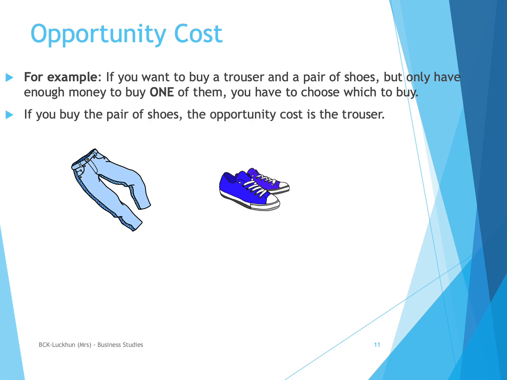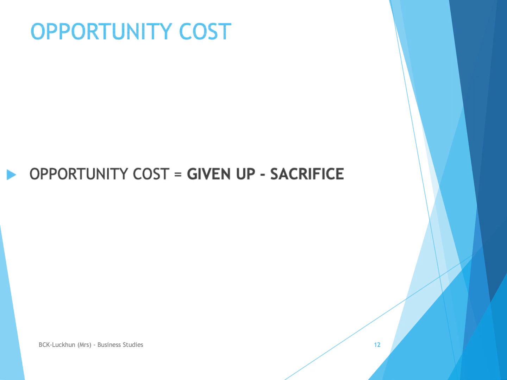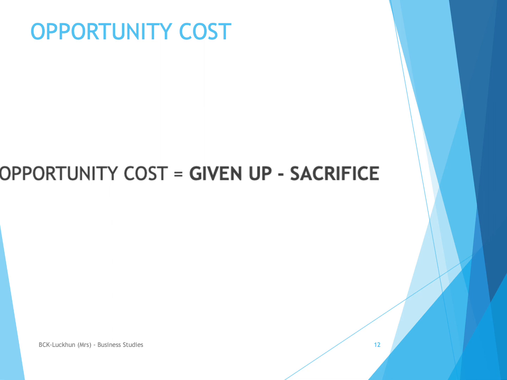If you buy the pair of shoes, the opportunity cost is the trouser. That is what you have sacrificed. You are sacrificing the trouser. And if you buy the trouser, the opportunity cost is the pair of shoes. That is what you have given up. So, opportunity cost is all about what has been given up. That is what has been sacrificed.